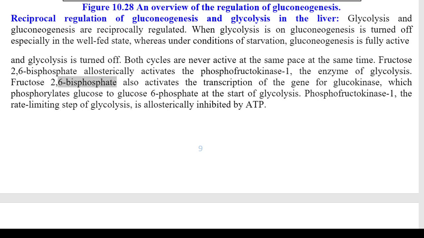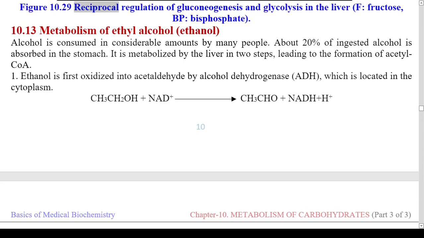Fructose 2,6-bisphosphate also activates the transcription of the gene for glucokinase, which phosphorylates glucose to glucose 6-phosphate at the start of glycolysis. Phosphofructokinase 1, the rate-limiting step of glycolysis, is allosterically inhibited by ATP. Figure 10.29 Reciprocal regulation of gluconeogenesis and glycolysis in the liver. F, fructose, BP, bisphosphate.